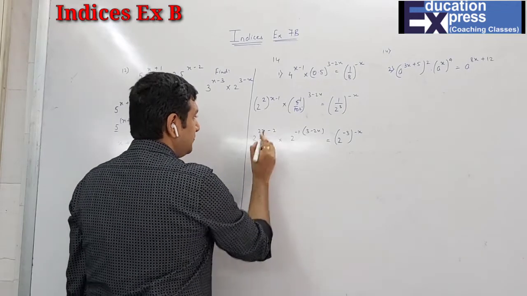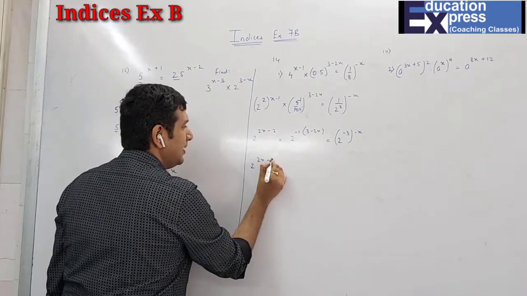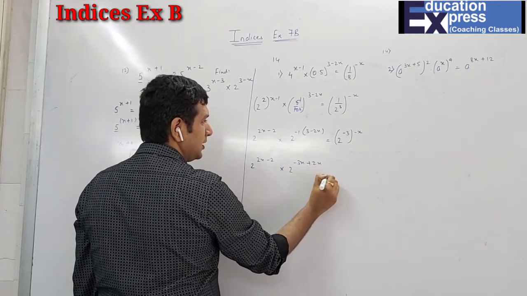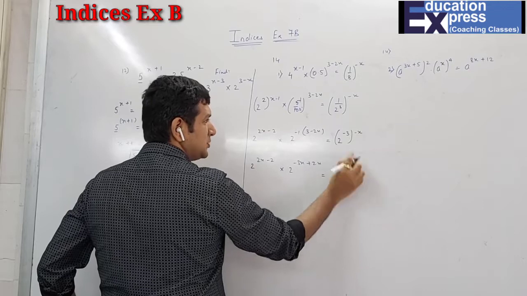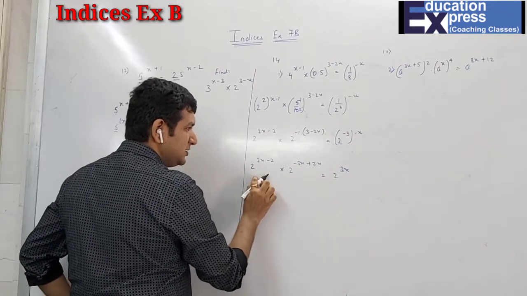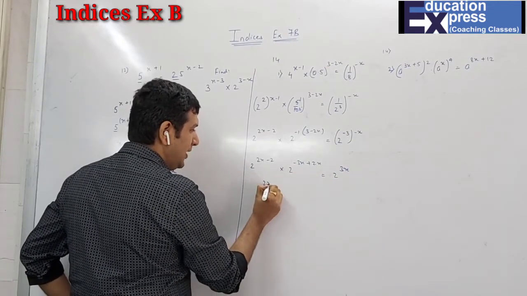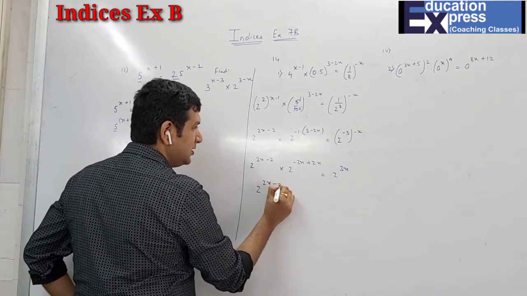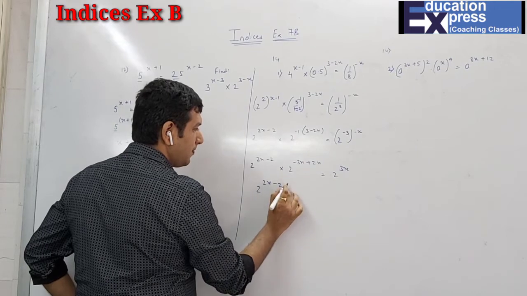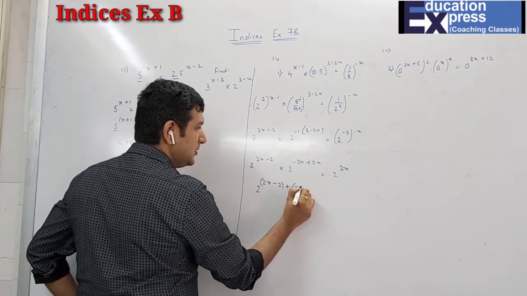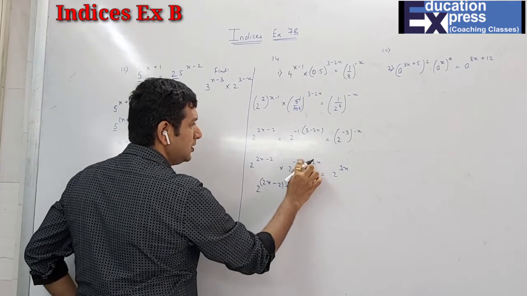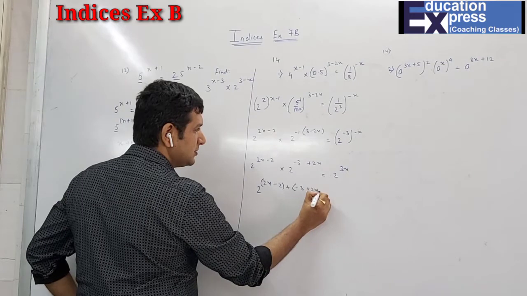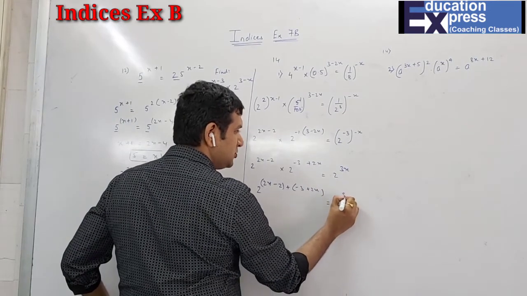Now here, 2 raised to 2x minus 2 into 2 raised to minus 3 plus 2x equals 2 raised to 3x. Minus into minus is plus. So bases are same now. Here the 2x minus 2 plus minus 3, sorry, it's 3 only, plus 2x equals 2 raised to 3x.